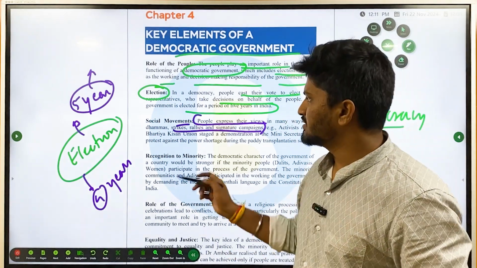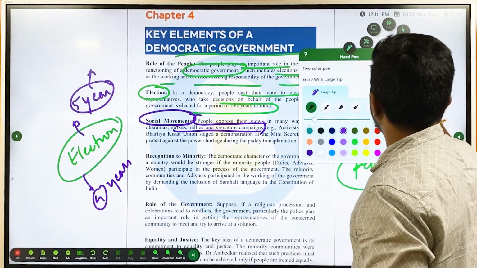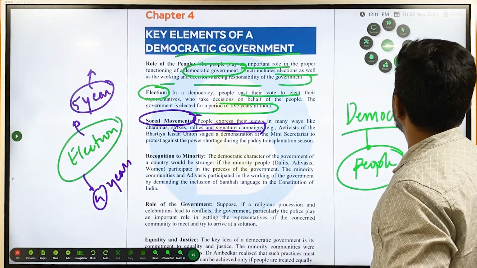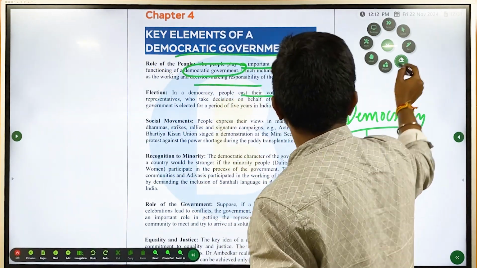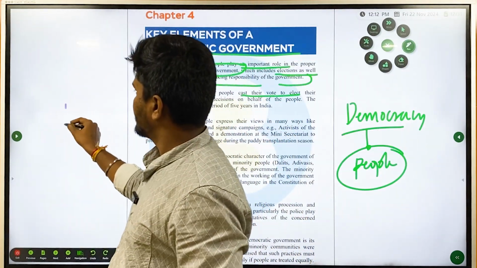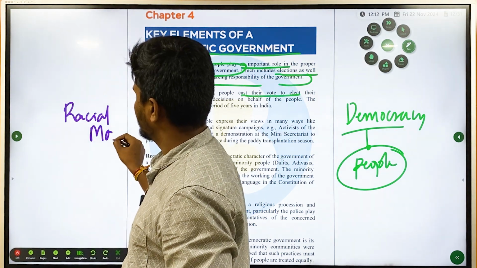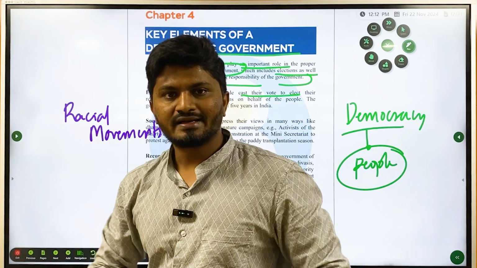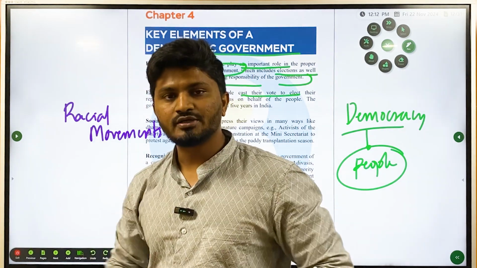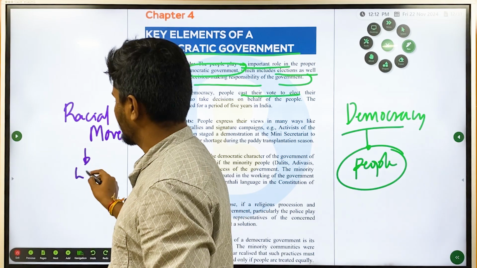The most famous of these social movements can be regarded as racial movements, where people belonging to black races or brown races fought against white supremacy.